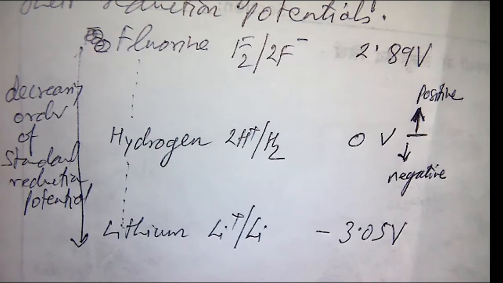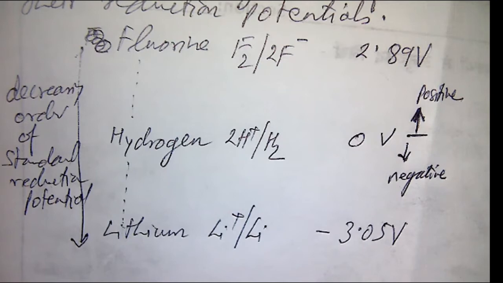So positive value, they are easily reduced. Negative value, they are easily oxidized. Yeah. So reduction, oxidation, which will undergo faster, we can compare from that value only. Clear? We have already said higher the value, it is easily oxidized.